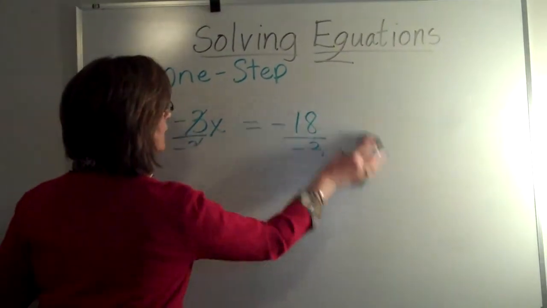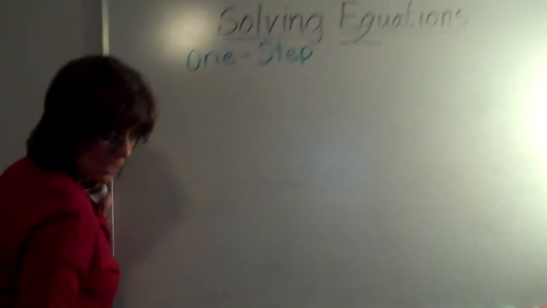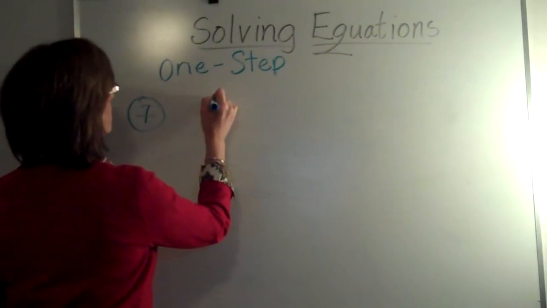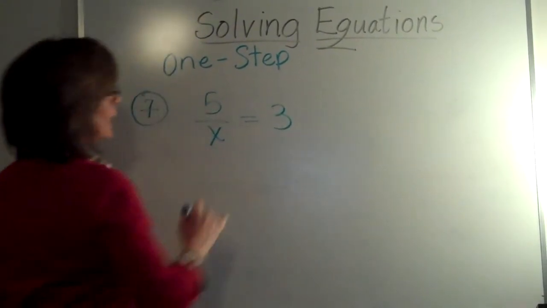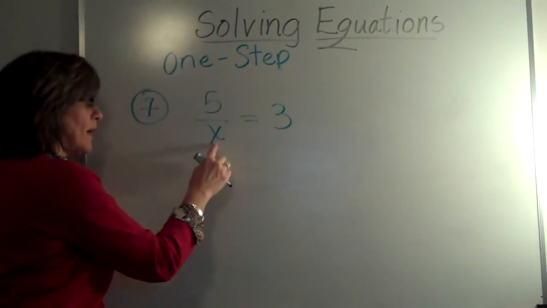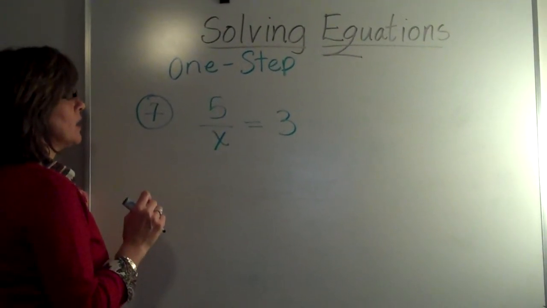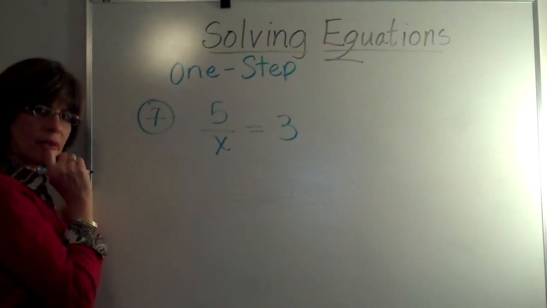All right, let's take a look at another one. In this case, here's my variable. I want to isolate it. It is attached by division here. What am I going to do here?